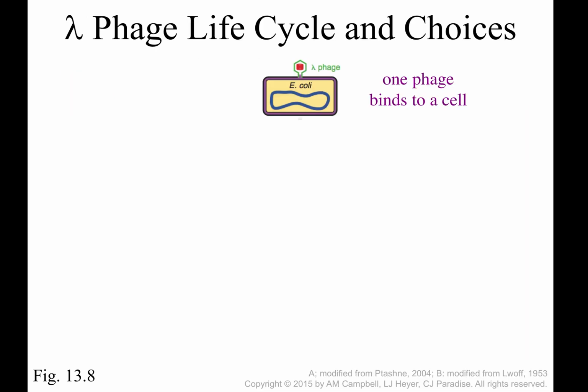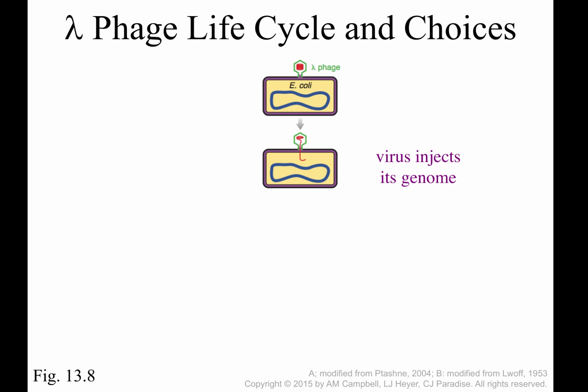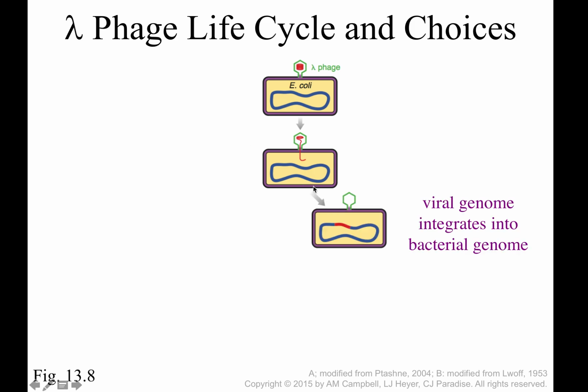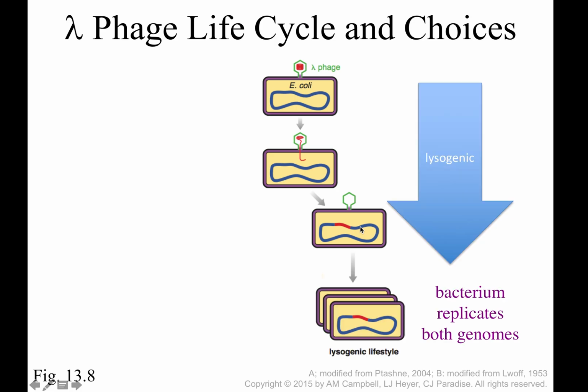So when these bacteriophage enter the E. coli, there's one of two ways to go. They can inject the genome, and then the genome here in red can become part of the bacterial genome, the circular chromosome here. And then every time the bacteria replicates, it also replicates the virus.